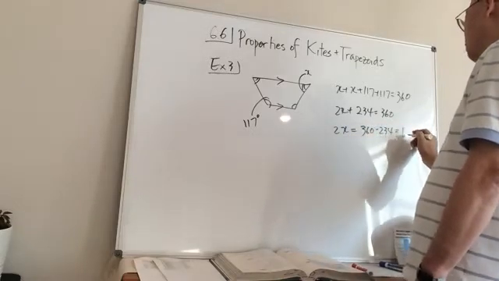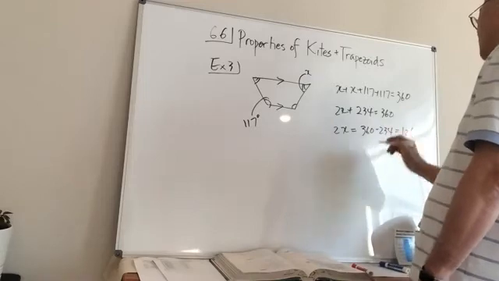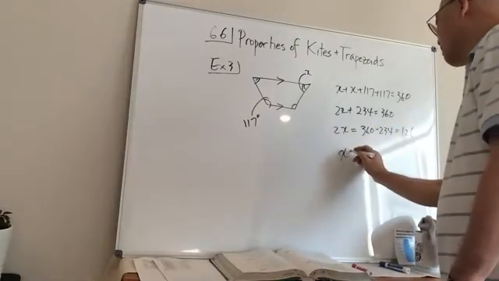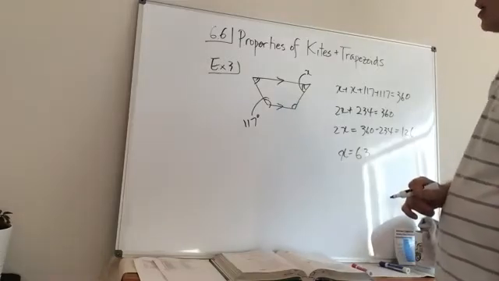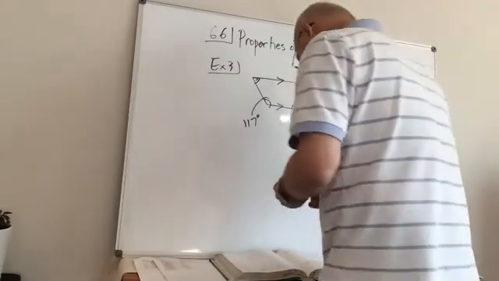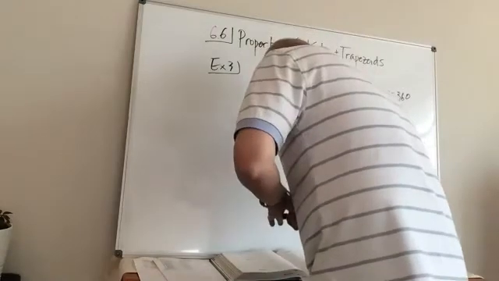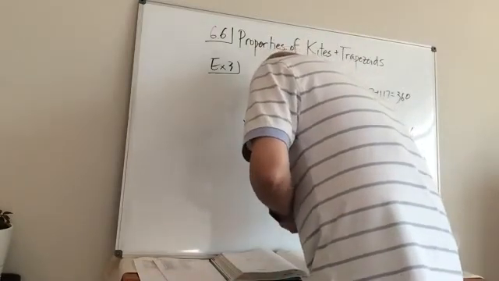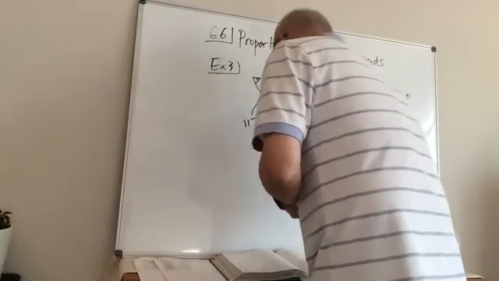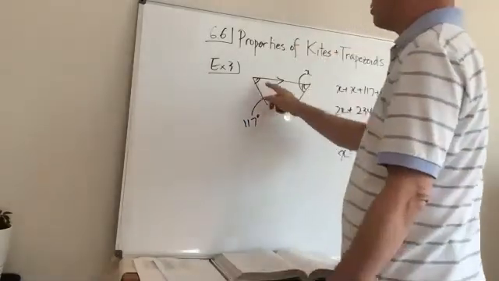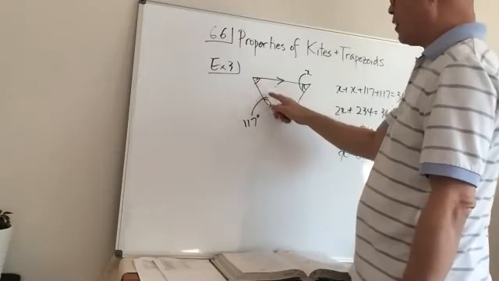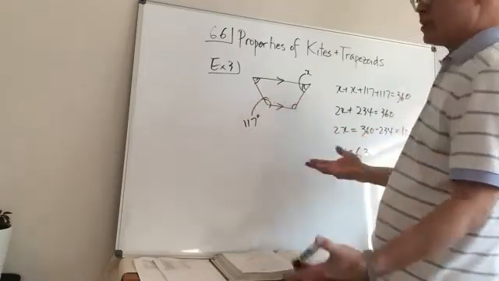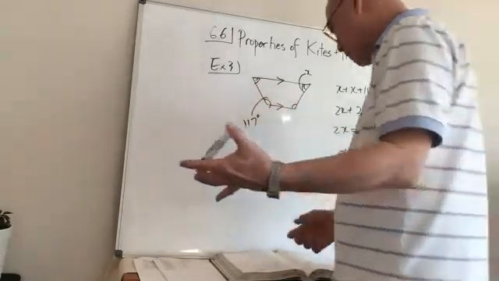I end up with 126. So if I divide both sides by 2, I get 63, right? 63 degrees. Right, so we get that. Actually, we could have just said that these two are supplementary. They add to 180, right? So I could have done that and said it was 63 also. Okay.